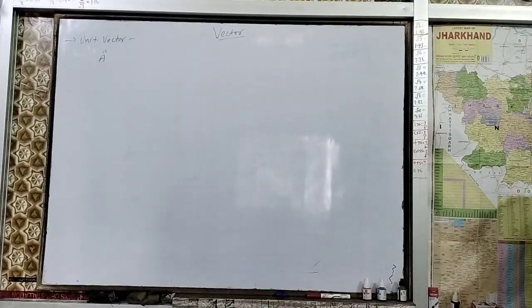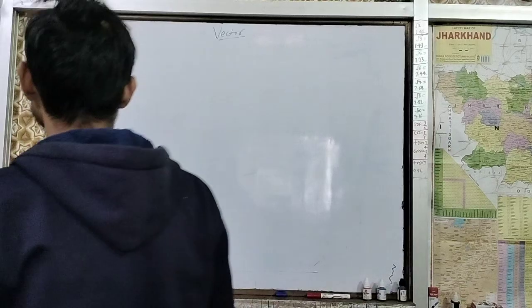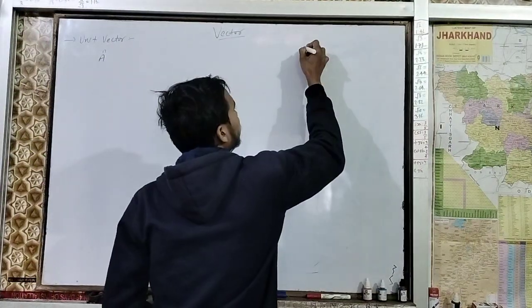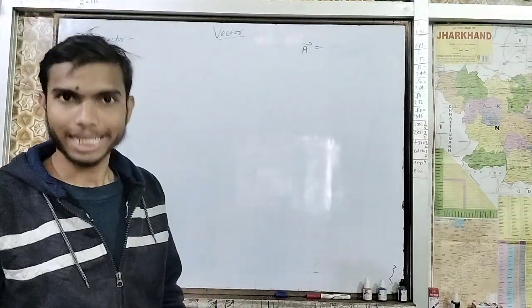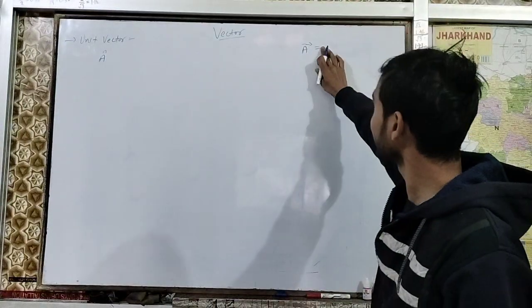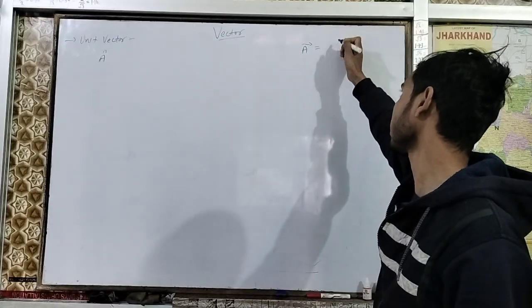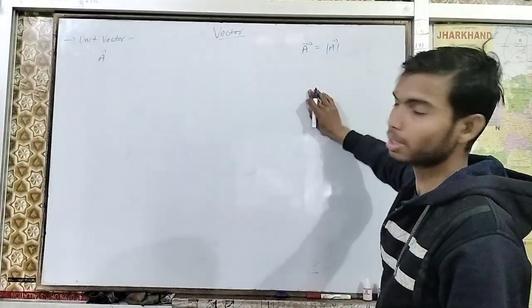And this is how we represent any vector. Can you write a vector like this? A cap, not A. First of all, the magnitude, the mode of the vector. This is magnitude and direction.